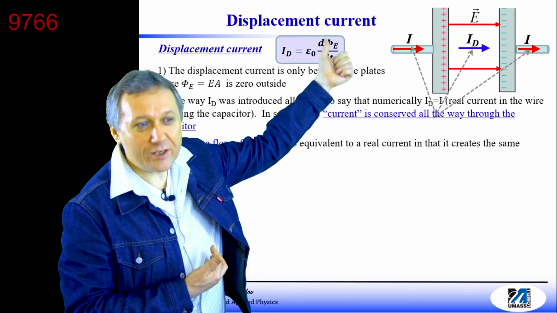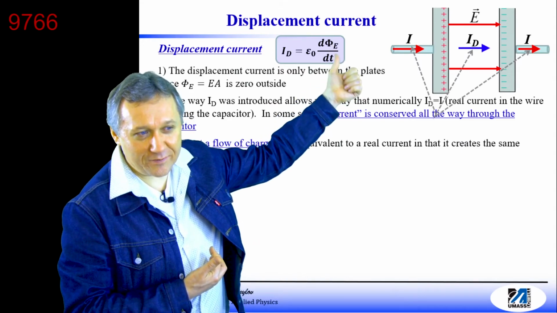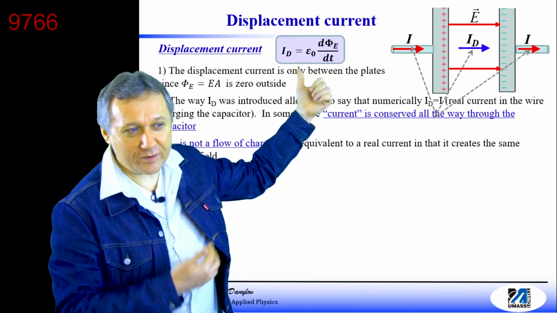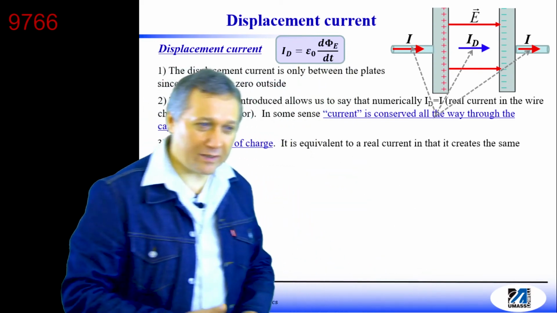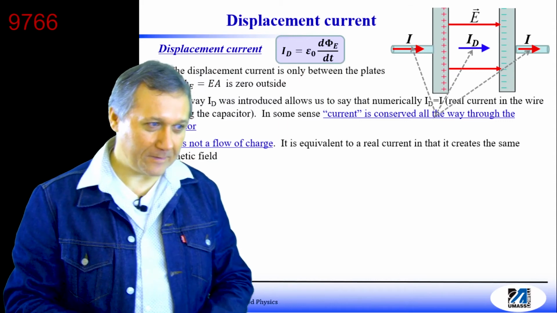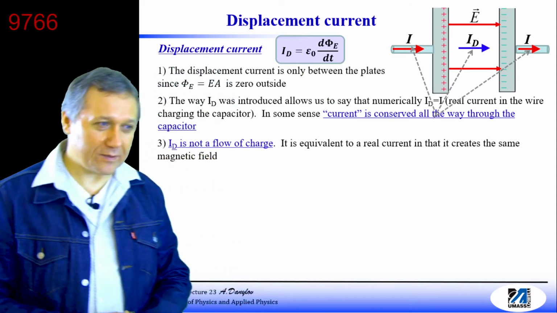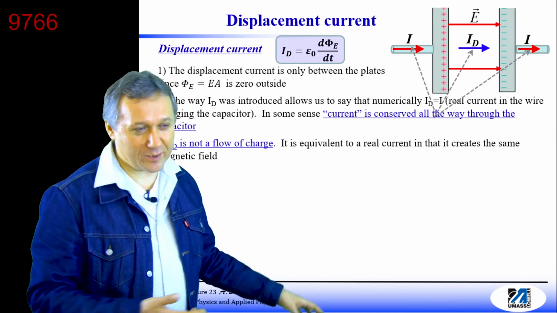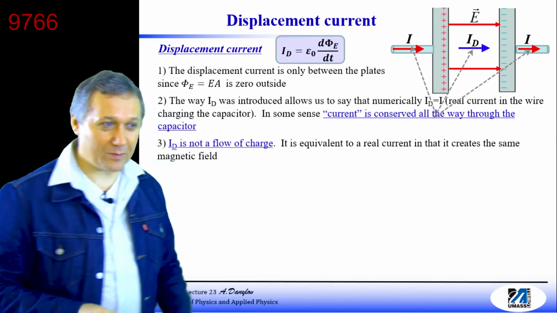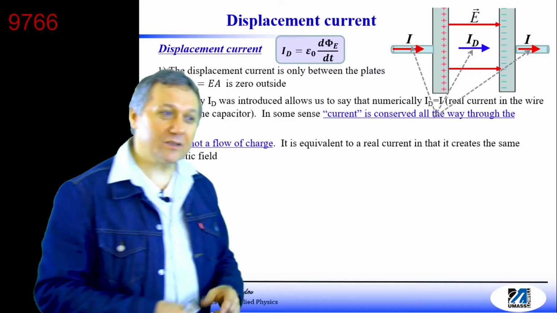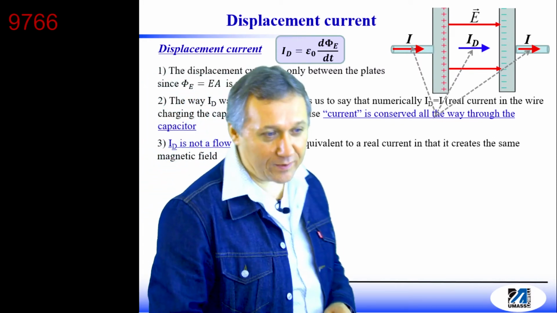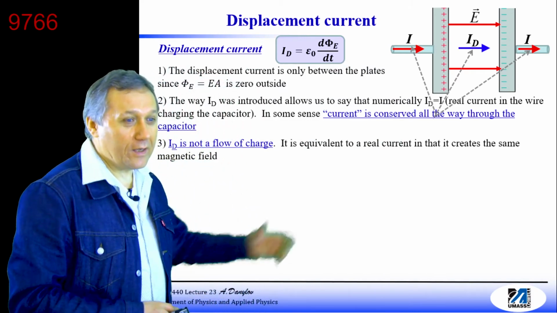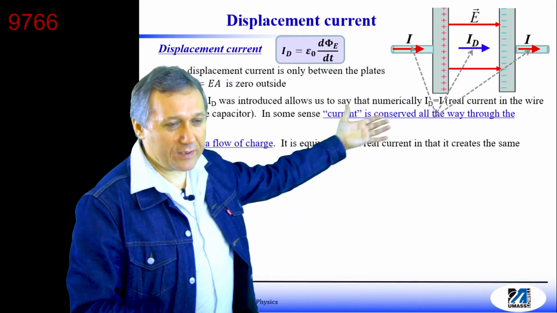So effectively, a changing in time electric field produces magnetic field. That's why this displacement current can produce a magnetic field. Otherwise, there is nothing in common between the actual current and the displacement current, except the same units, and displacement current produces magnetic field like an actual current. In a couple of slides, we will see that.